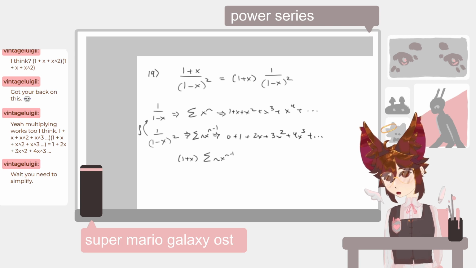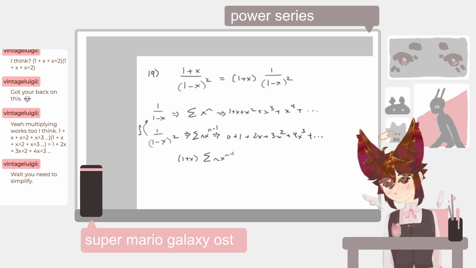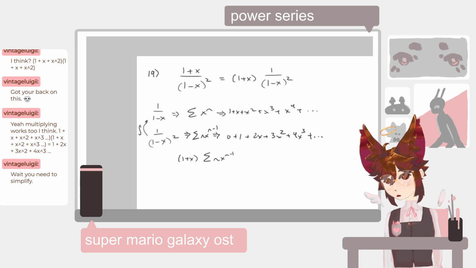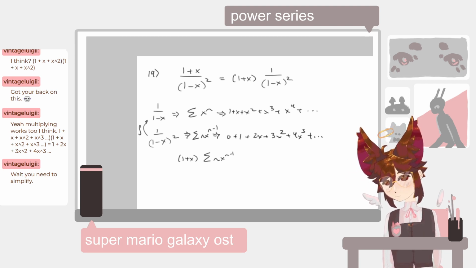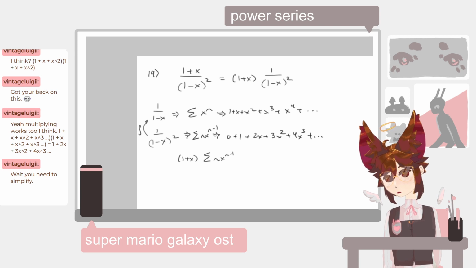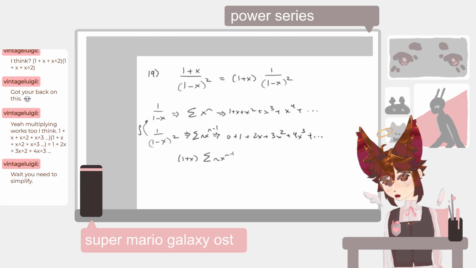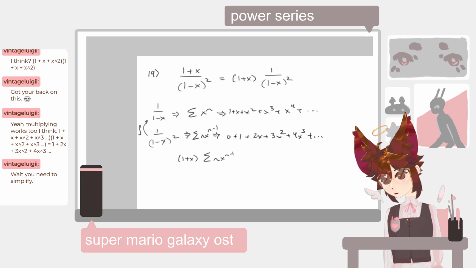Have I been checking the wrong answers? Wait, this is 19. What? 11.9. That is not what 19 is. Where's 19? Have I just been looking at the wrong answers? I'm so confused.